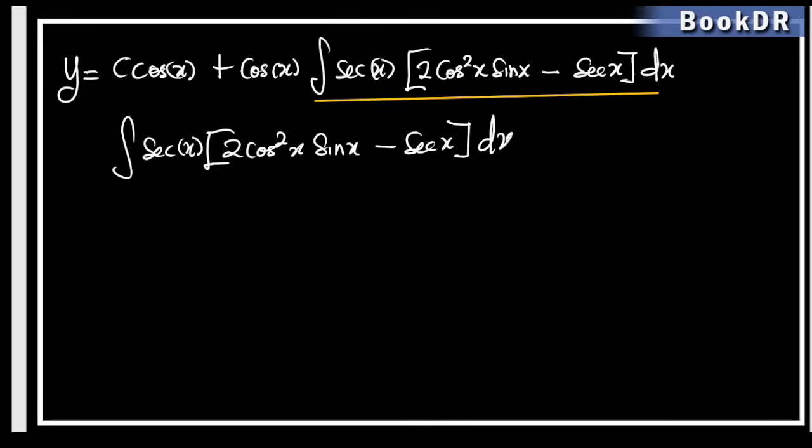We'll simplify the expression before we start integration. So the sec x will multiply the first expression. Remember, sec x is 1 over cos x. So when we multiply it by the first expression, the cos²x over cos x will give us cos x. So we are going to have 2 cos x sin x.